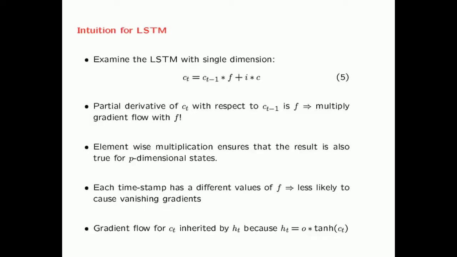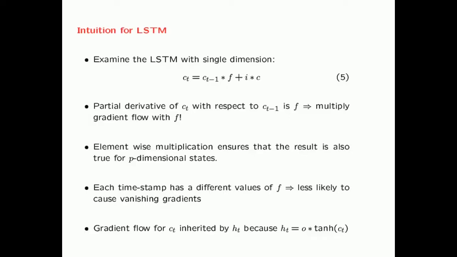On the other hand, here, these f's, these forget gates, they are intermediate variables and they will vary from timestamp to timestamp, and this tends to make it less likely to cause vanishing gradients. So often the forget gates, their values are decided in a data driven way. So if a forget gate is less than 1 for a particular element of the cell state, that's because the data really suggests that it should be so.